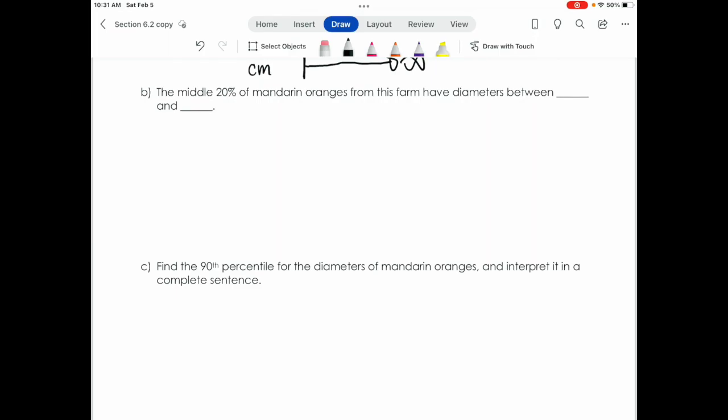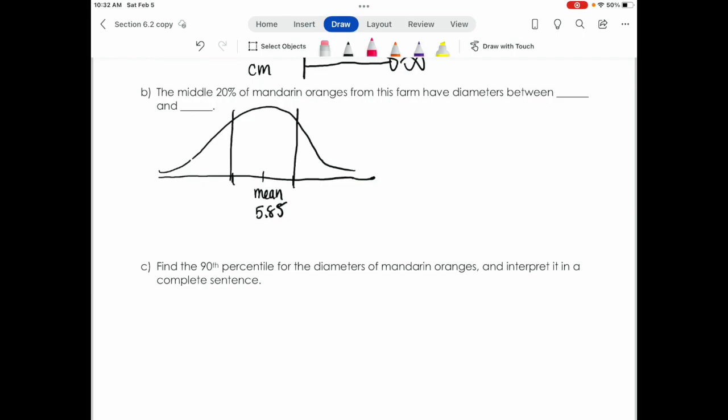Okay, part B says we want to find the middle 20% of mandarin oranges from this farm, and we want to find what two values those fall between. So this is what we're trying to do. We want to find the middle 20%. So if this is the mean, which we said was 5.85, we want to find the two values so that in here, that center portion is 20%.